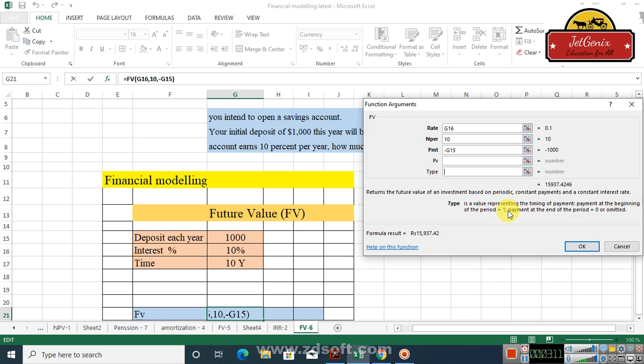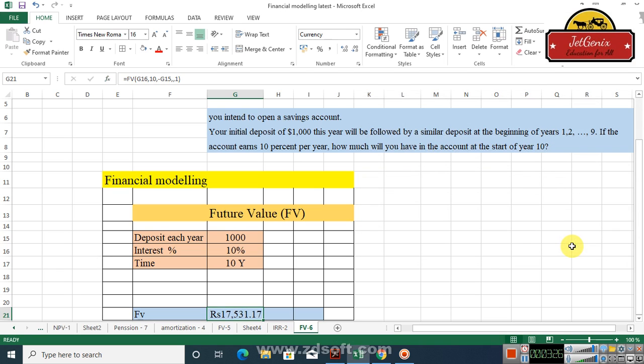If the payments are going to be paid at the end of the period, you have to write 0, and if the payments are going to be made at the start of the period, then you have to write 1. So I'm going to write 1 here. Now you just click OK. You see the balance at the start of year 10 will be $17,531.17.